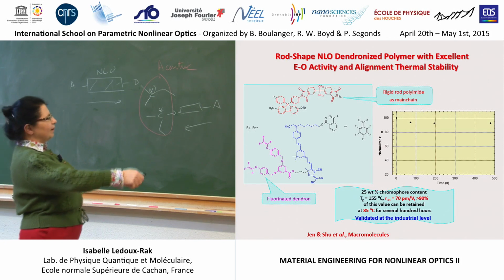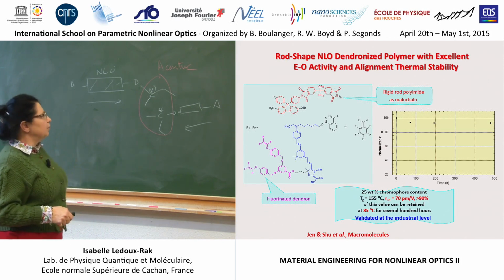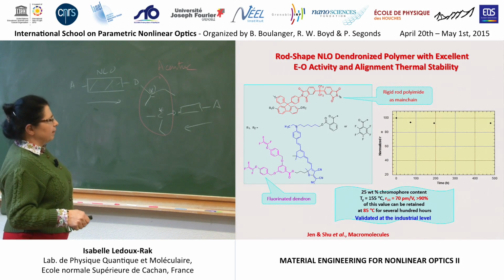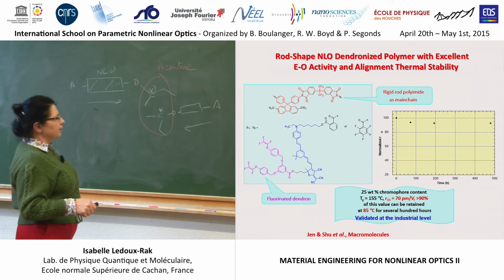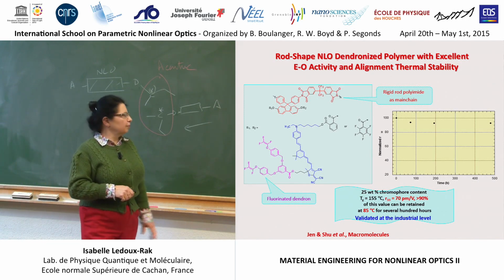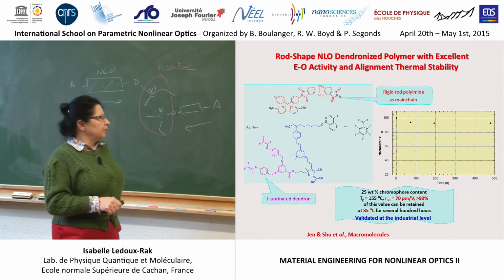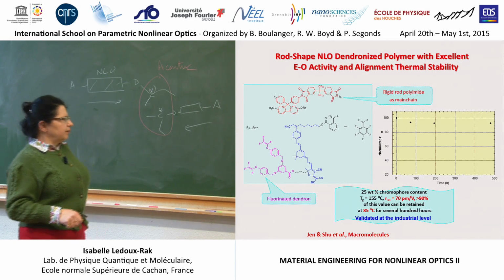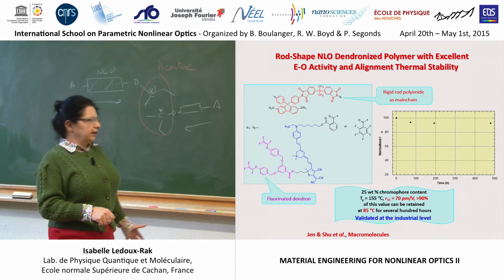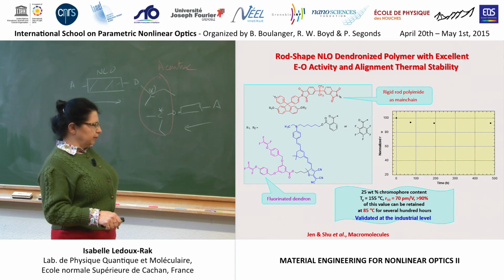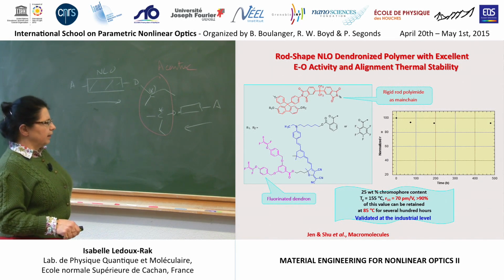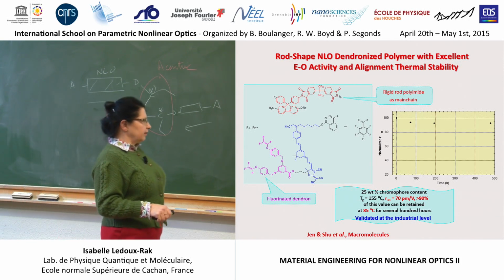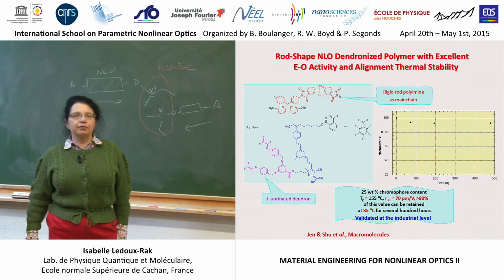So at the final stage, after I've been working on all these possibilities, having made some highly nonlinear molecules, trying to separate them by bulky groups in order to avoid dipole-dipole interaction, trying to stabilize by cross-linking, people in the United States have found very high electro-optic coefficients, very stable, and really stable at telecommunication requirements, which are 85 degrees for hundreds of hours.